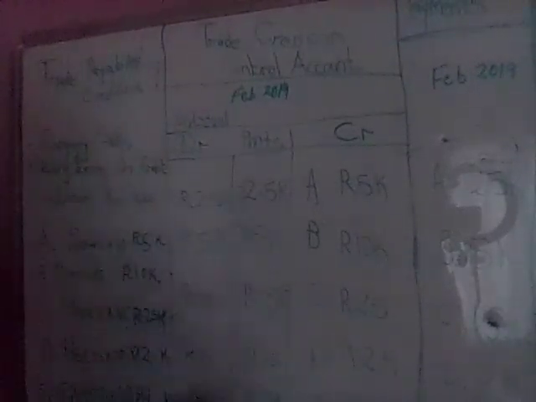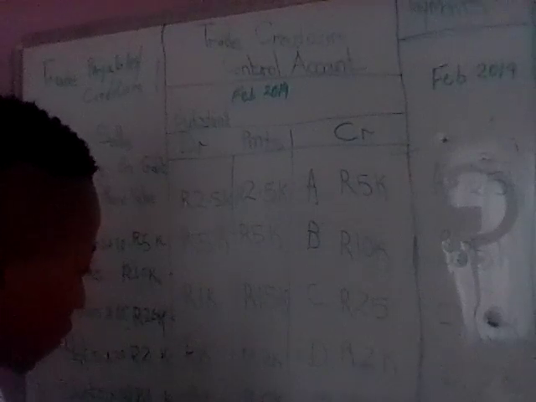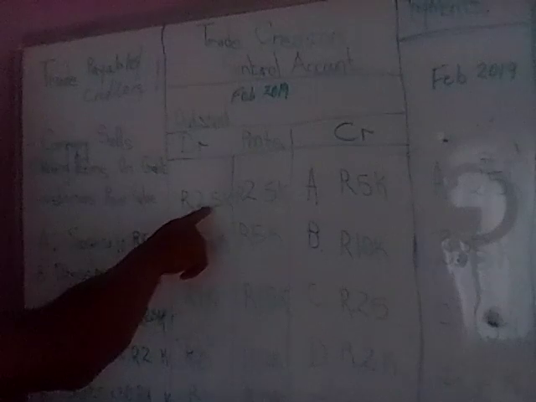So if we totalize this, we should get an amount which, when combined with this, should be giving us 20,500. If we don't get such, we have made an error elsewhere. That's where control accounting comes into effect. So 2,500 plus 5,000, that's 7.5 plus 1,000, 8.5 plus 0, 8.5 plus 1,000, 9.5.